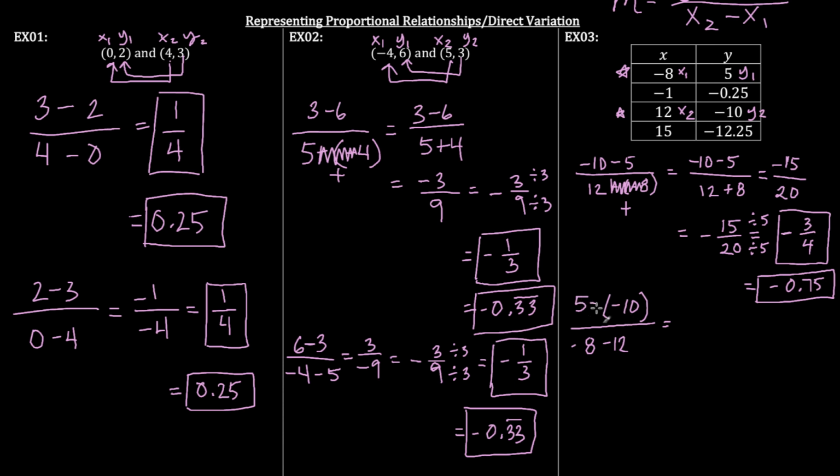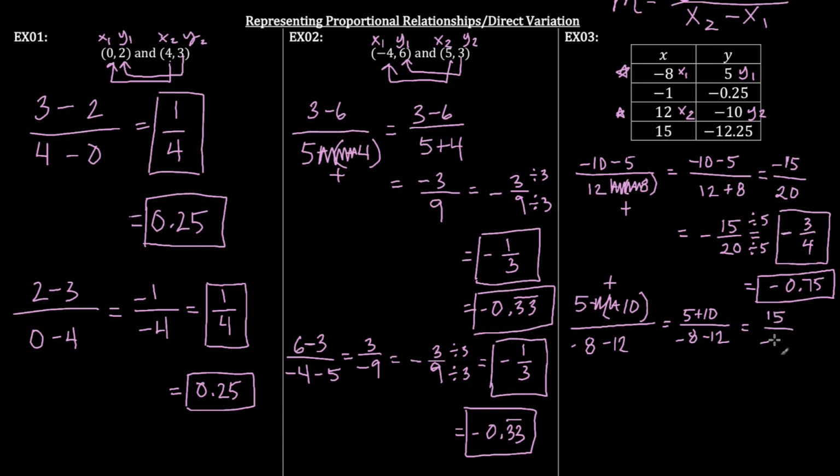So we can change that to plus: 5 plus 10 over negative 8 minus 12. So 5 plus 10 is 15.